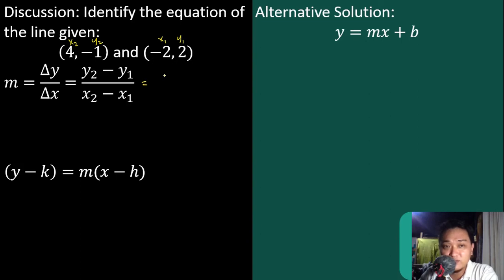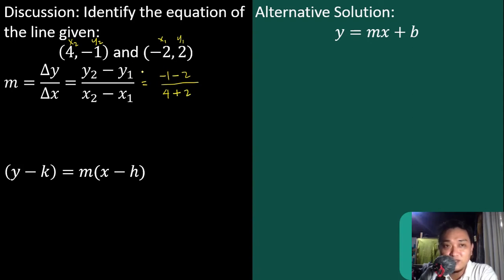So, our y sub 2 is negative 1 minus 2 over x sub 2 is 4 minus our x sub 1 is negative 2. So, we will just make this plus 2. Let's check.